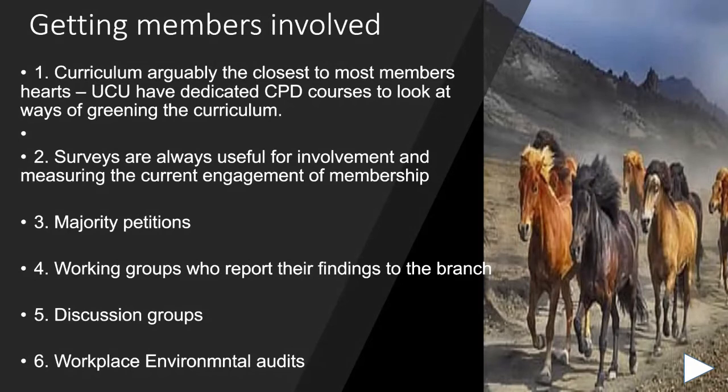The discussion or action group is something that has worked well in other branches, as I say. This is a really good way you can bring members together. You might have a climate emergency action group, and you invite to that UCU members, other campus unions, student groups.